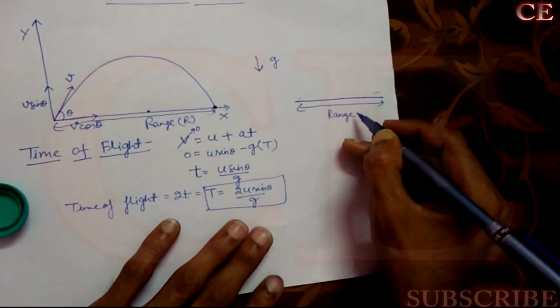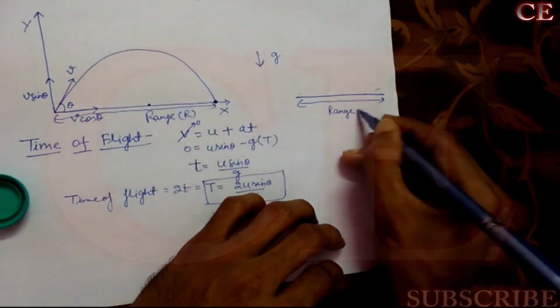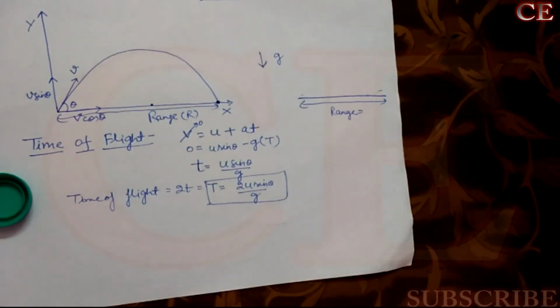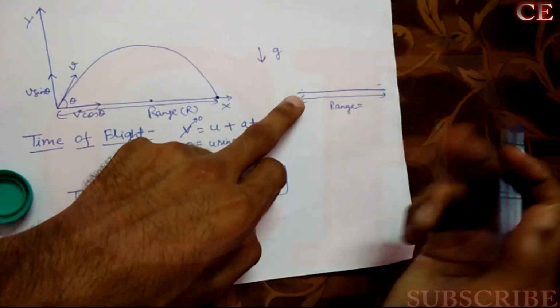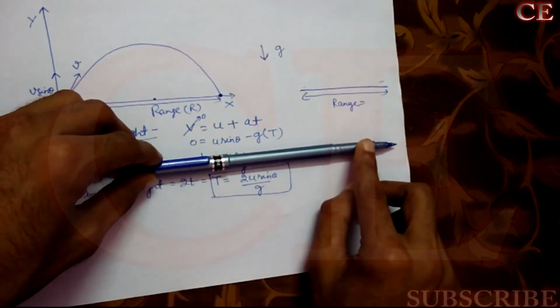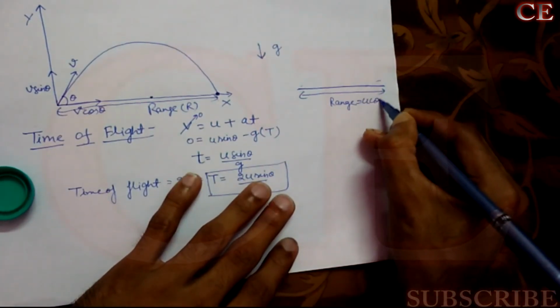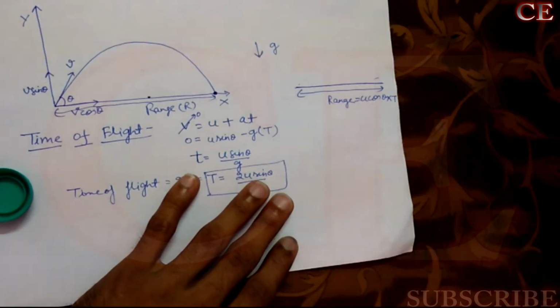For this we require two things. This is simply distance, and we know that distance is equal to speed into time. We need speed and time of flight. The speed in the horizontal x direction is u cos theta, into the time of flight.